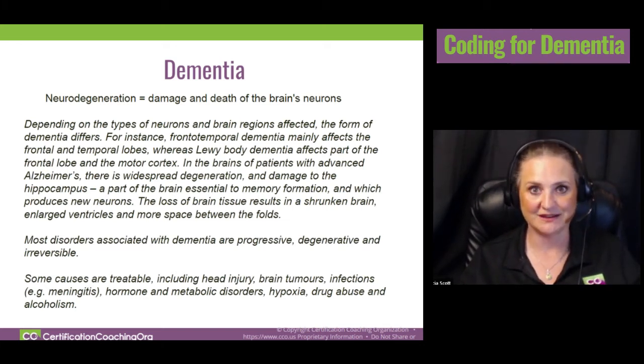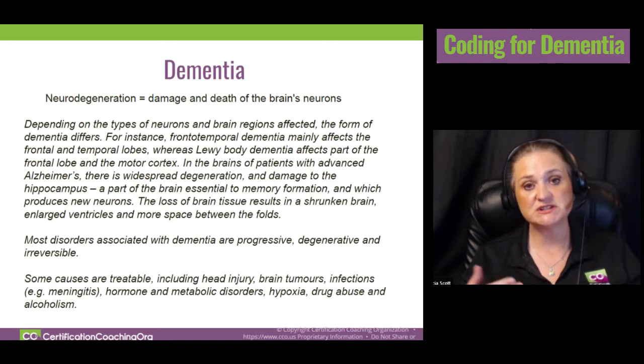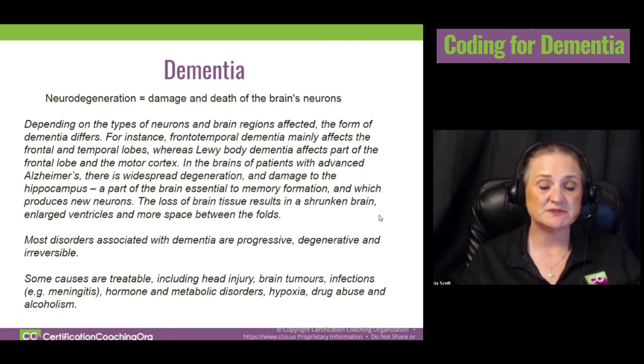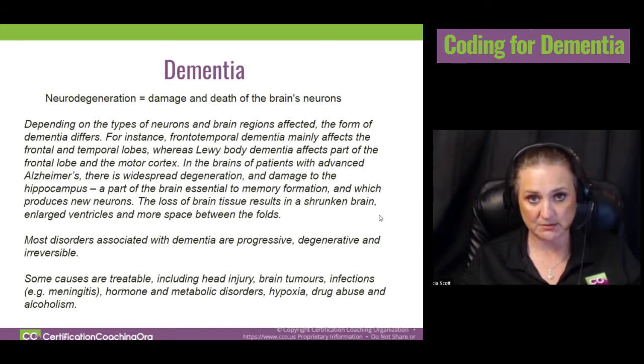Well, there's a reason, because it does damage the brain. So again, it has its place and its use for treating. However, it could be abused, just like alcoholism can be abused, and dementia can be a result of that. And there are specific codes for that type of dementia.